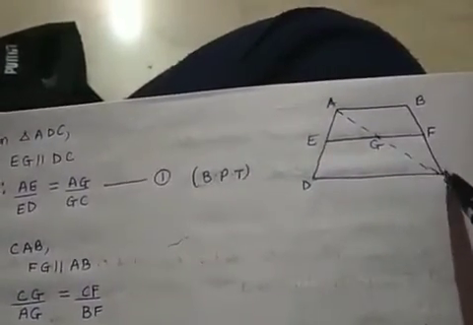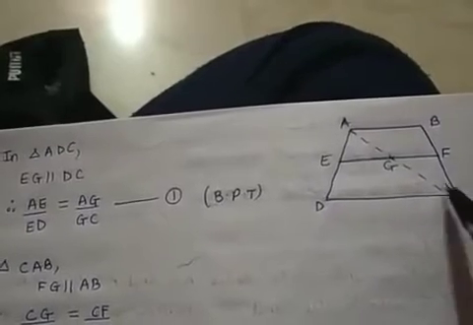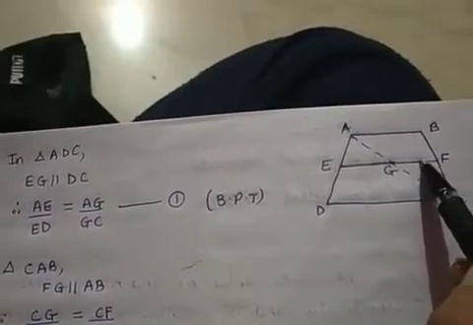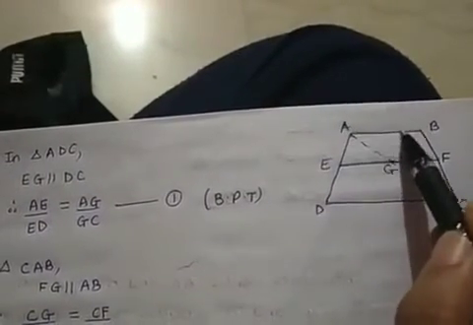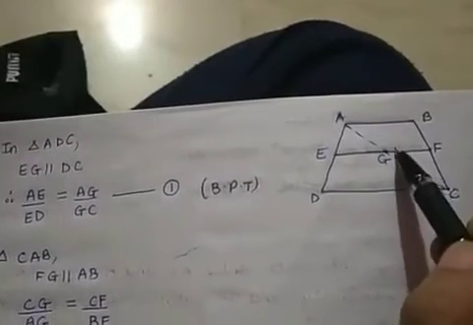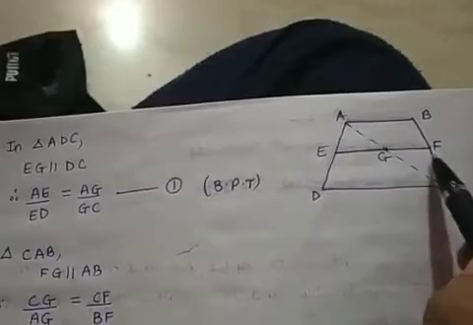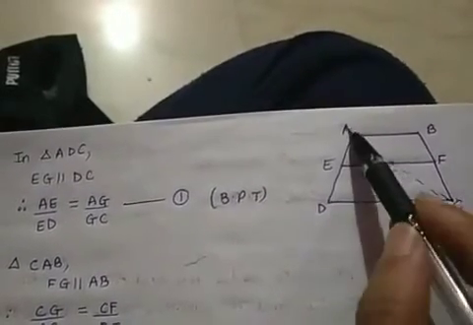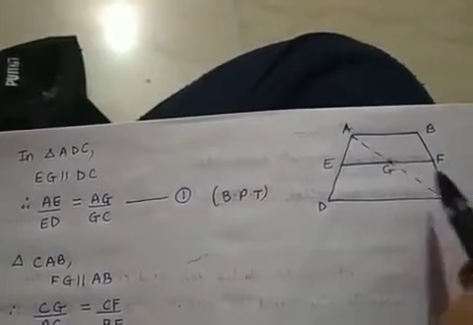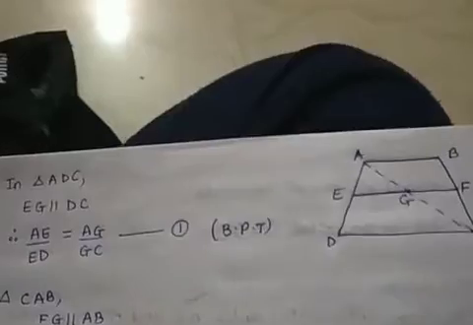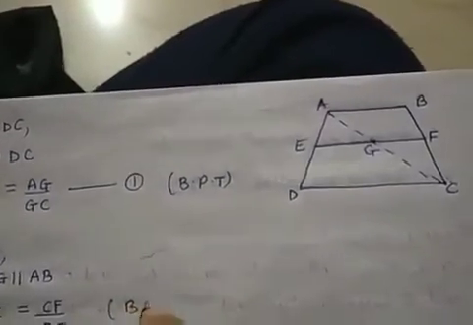Now let us take the next triangle, triangle CAB. In this triangle, which are the two lines which are parallel? The two lines are FG and AB. Since they are parallel, by the basic proportionality theorem, CG upon AG will be equal to CF upon BF, correct?